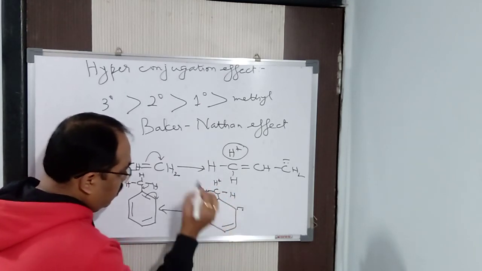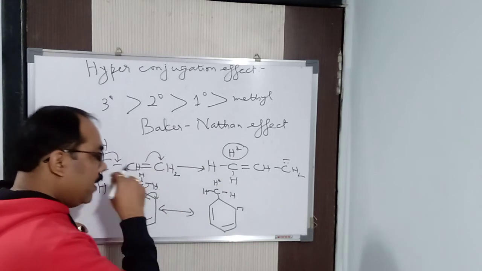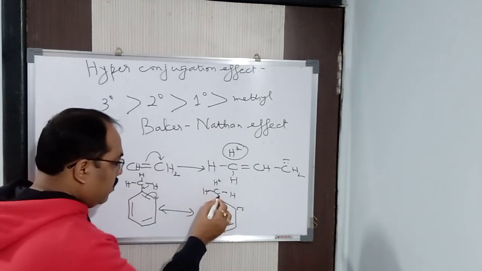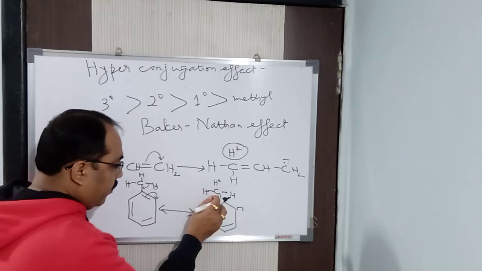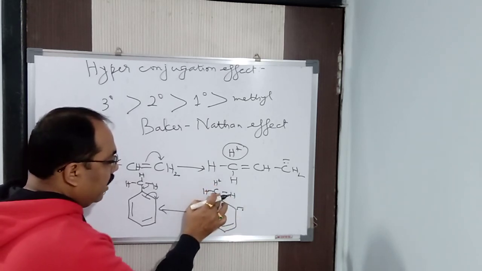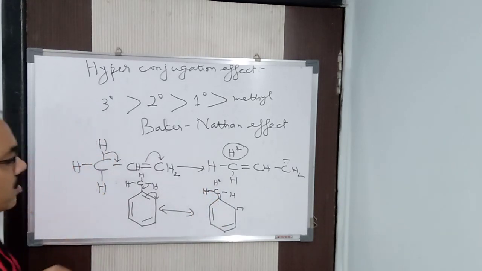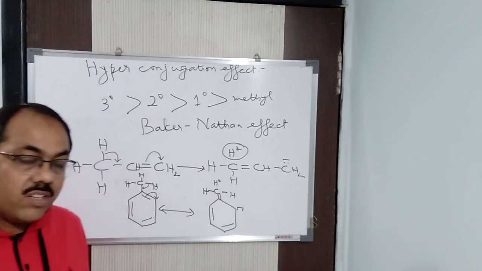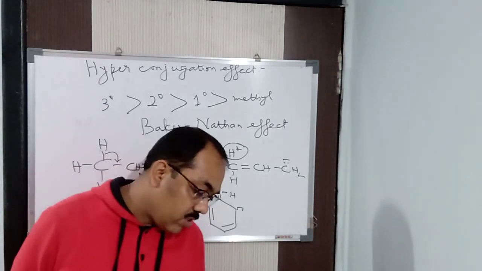Now we can have another structure where this will come here. Now it forms a double bond of course. Now it can come here, alright, and here we'll have an H plus ion, or it can come here and we'll have an H plus ion here. Alright, I think you're following. So this is called the hyperconjugation effect. This effect is known as the hyperconjugation effect, so to say.